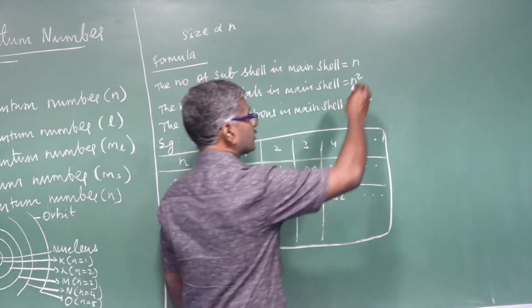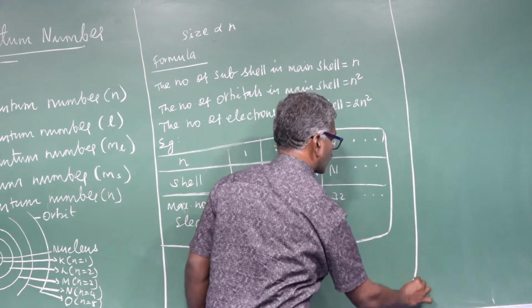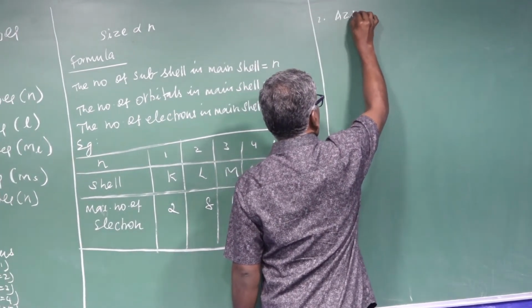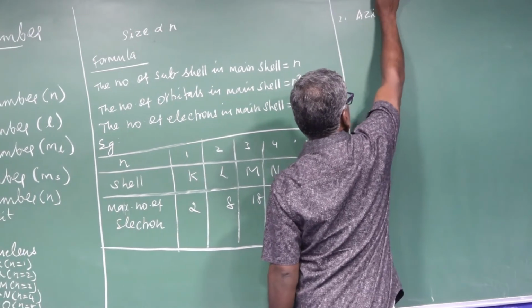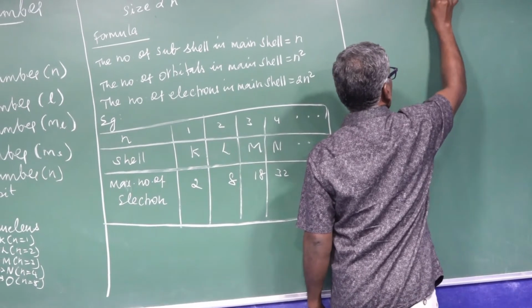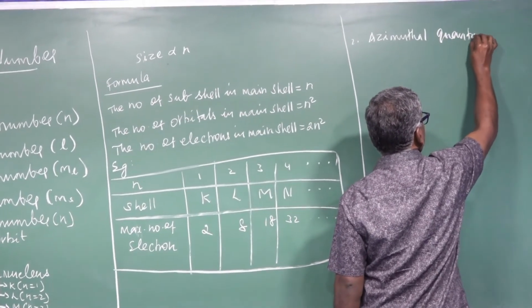Another one, the second one, azimuthal quantum number.